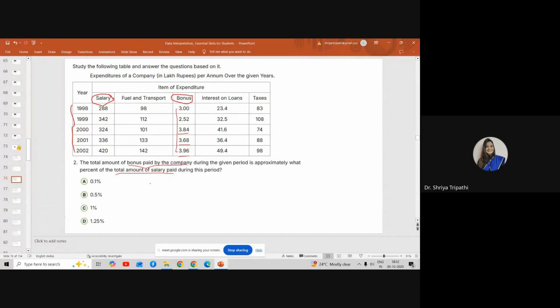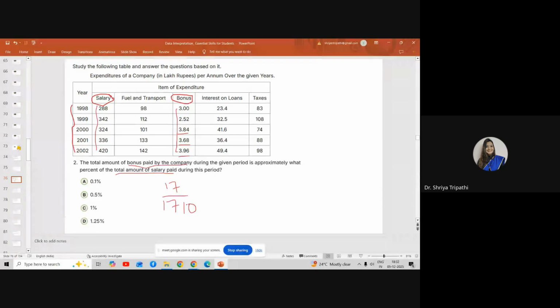What is the amount coming? If we add the entire bonus, what is the amount coming? 17. And similarly, we will add all the salary: 288, 342, 324, 336, 420. What is the denominator coming? 1710.